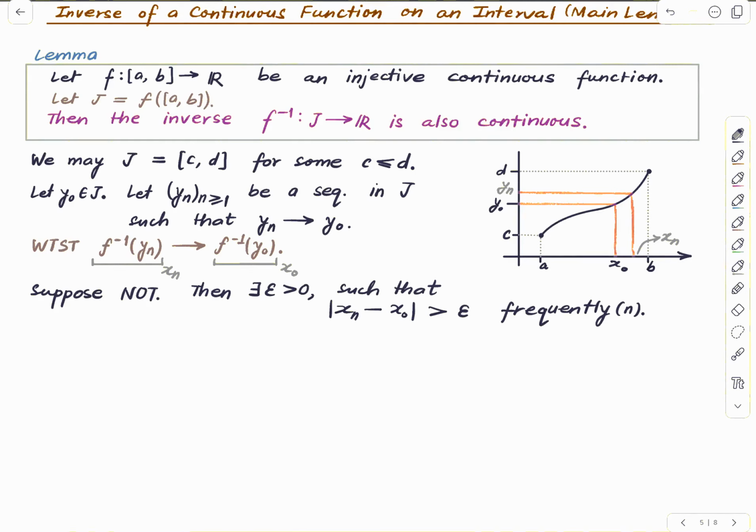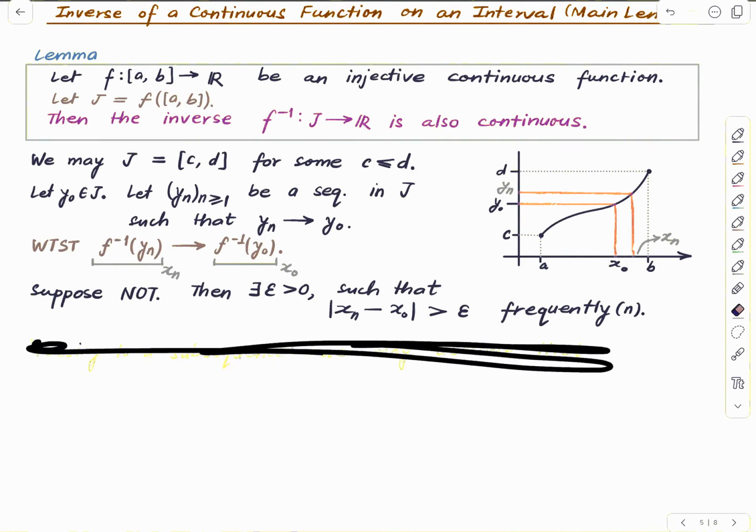So we have that, and here is the thing. Let us just find a subsequence.